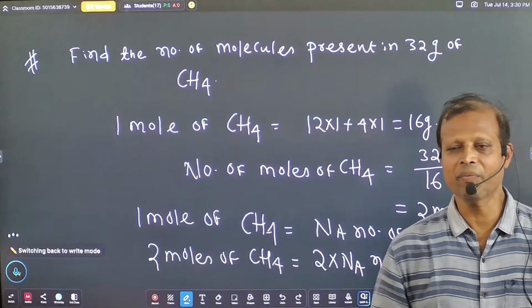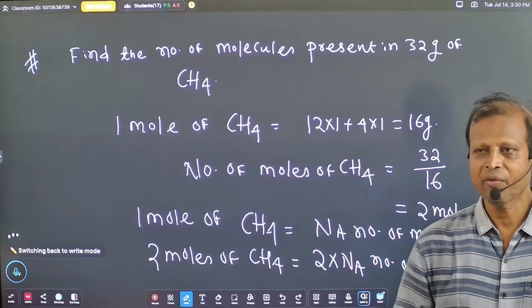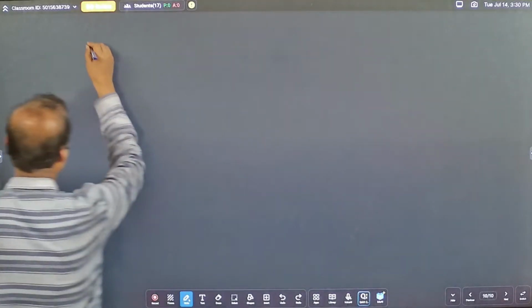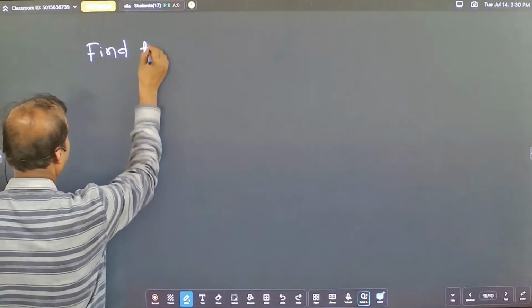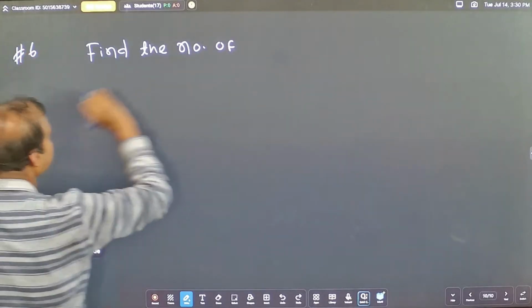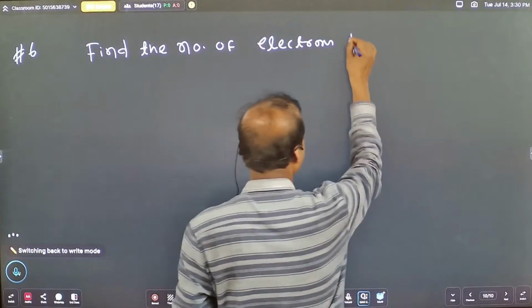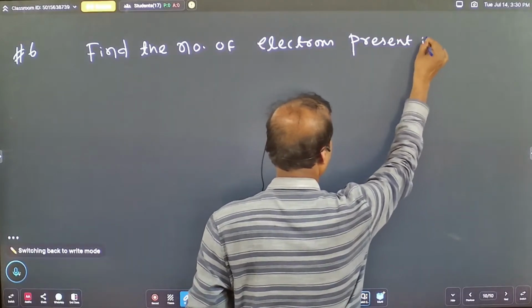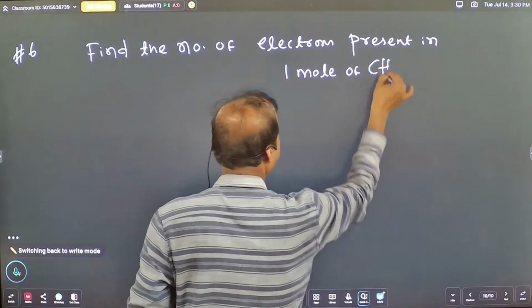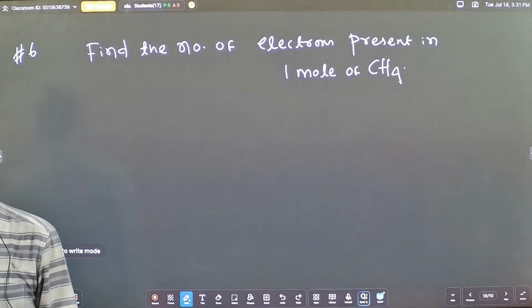Find the number of electrons present in 1 mole of methane.